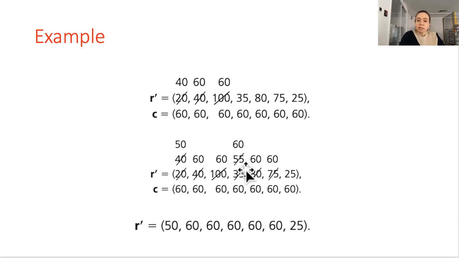So I increase the production plan from 55 to 60. But I still have to shift 10 units. So I check the other periods. Here the capacity is full, here the capacity is full. So I shift these 10 units to the first period and increase the production plan from 40 to 50.